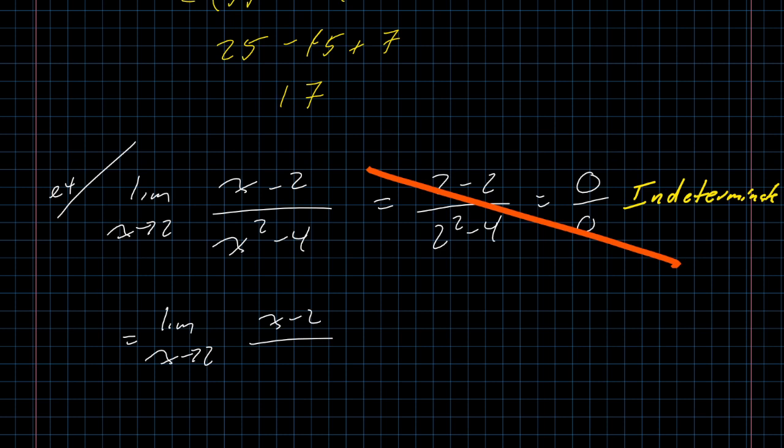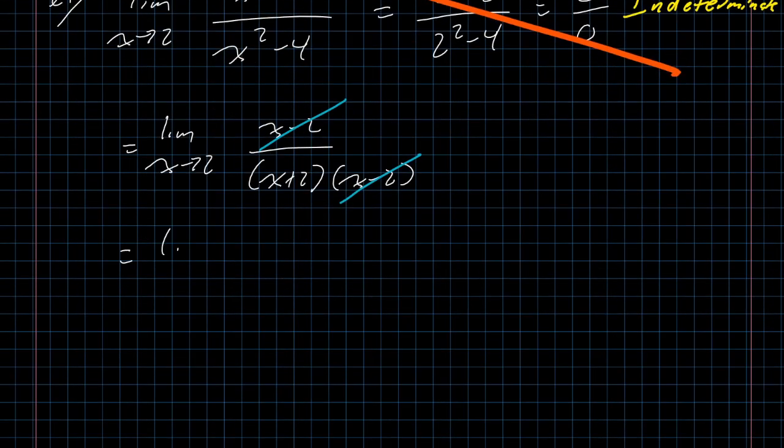In this case, we can rewrite x squared minus 4 as x plus 2 times x minus 2, so that the x minus 2's cancel each other out, and now we're taking the limit as x approaches 2 of 1 over x plus 2.